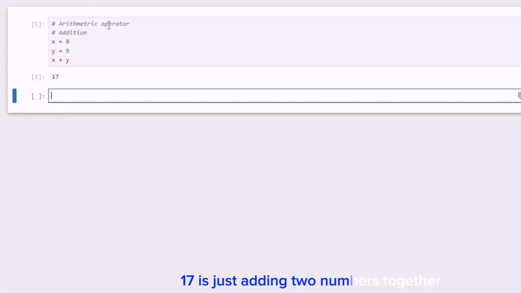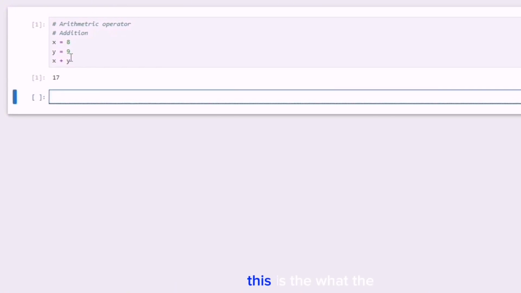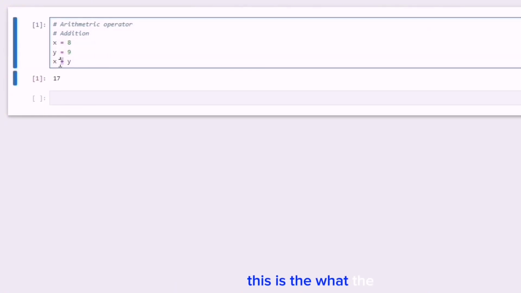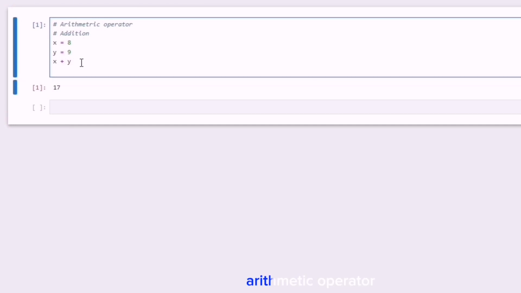It's just adding two numbers together. So this is the addition arithmetic operator. Let me quickly write it here: addition arithmetic operator.